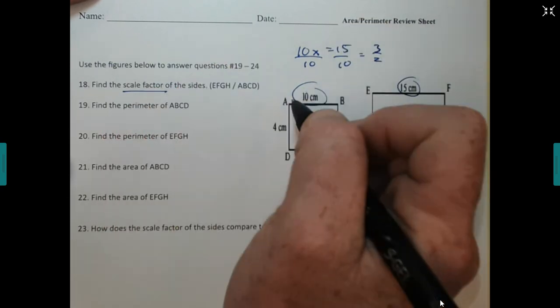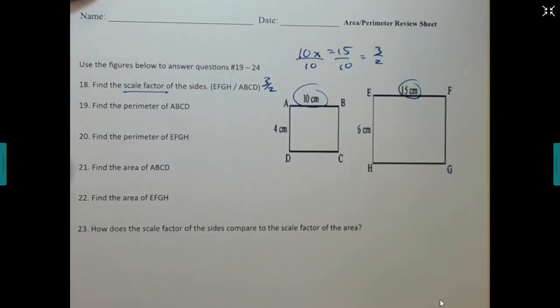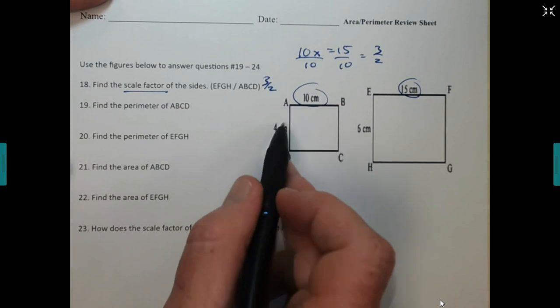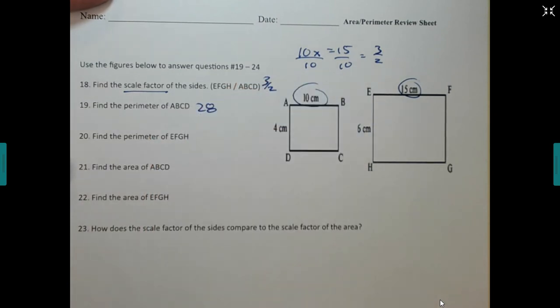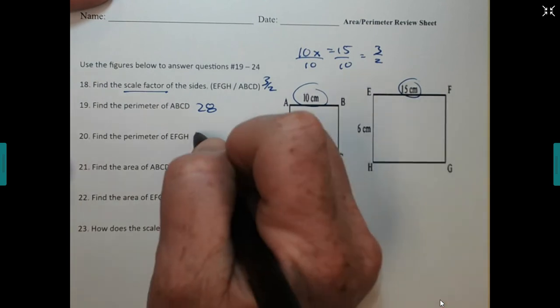There's my scale factor. This is a 3 to 2 ratio. The perimeter of ABC, if that's 14, the perimeter would be 28. Perimeter of the other one, that's 21, plus 21 is 42.